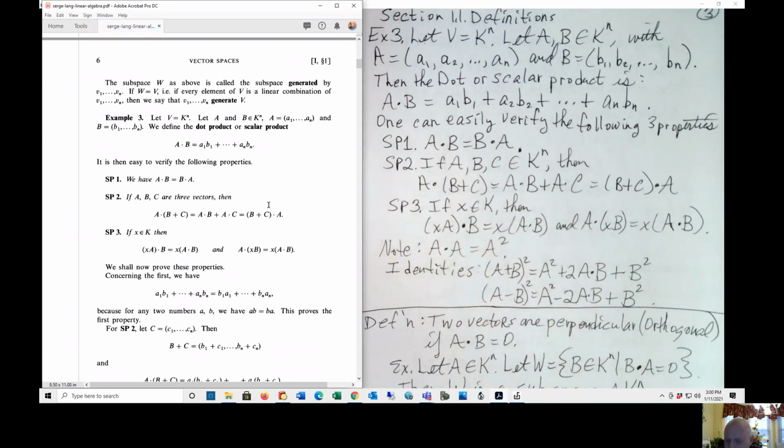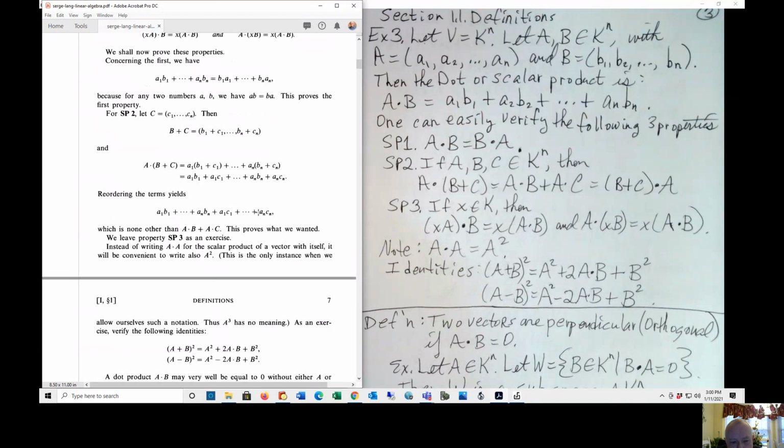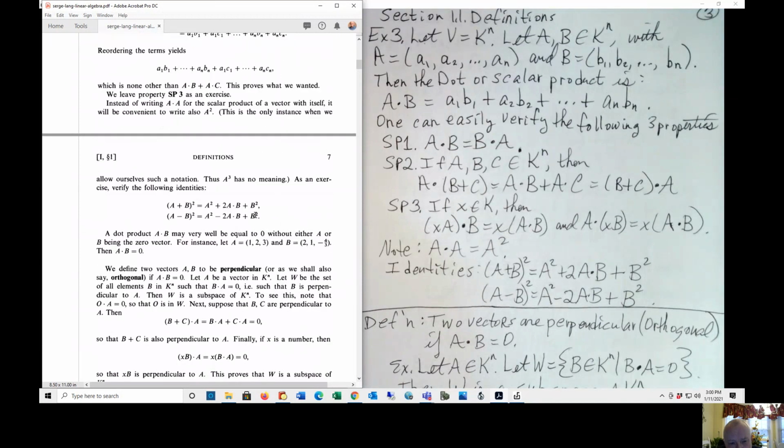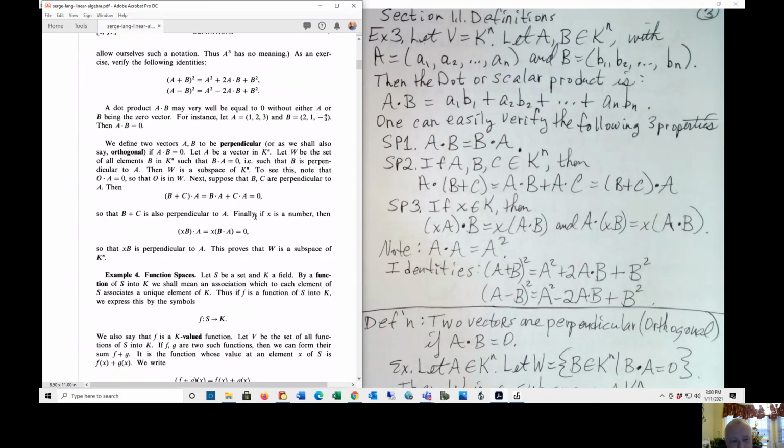(A plus B) squared is A squared plus 2AB plus B squared, and (A minus B) squared is A squared minus 2AB plus B squared. So we have our scalar product. So Kn is actually called a scalar product space because it has this scalar dot product on it.